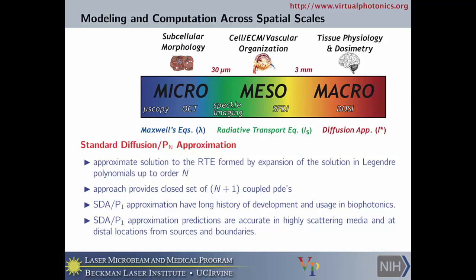Basically, it's essentially an isotropic term, meaning light is moving equally in all directions, plus a cosine term, which gives you some directionality. And this approximation can be accurate when you have a medium where scattering is much more dominant over absorption, and we'll talk about how much more dominant it needs to be, and at locations that are far away from your optical sources and boundaries.